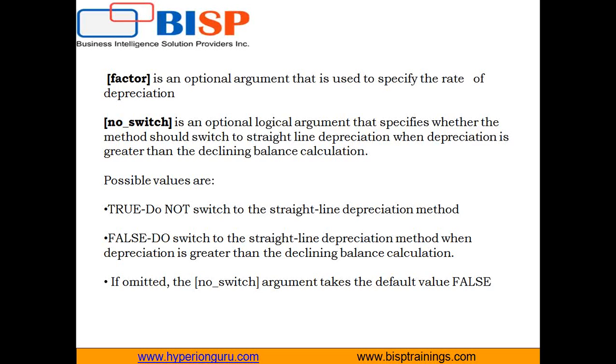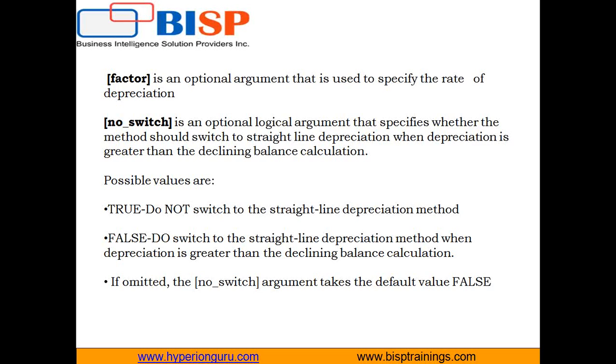specifying whether to switch to straight line depreciation when depreciation is greater than the declining balance calculation. If no switch is true, Microsoft Excel does not switch to straight line depreciation even when the depreciation is greater than the declining balance calculation. And if no switch is false or omitted, then Excel switches to straight line depreciation when depreciation is greater than the declining balance calculation.